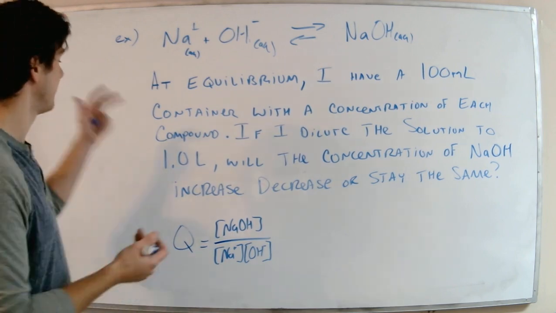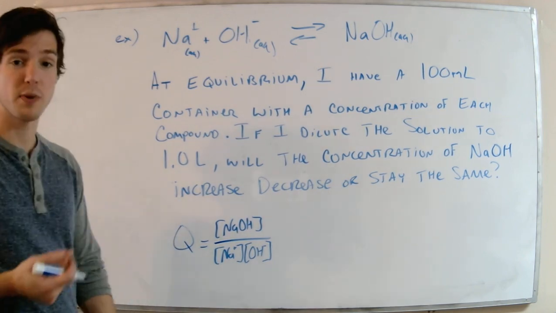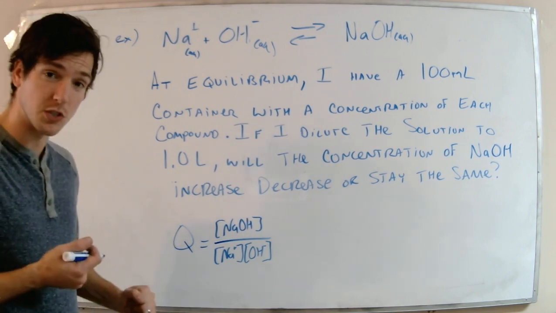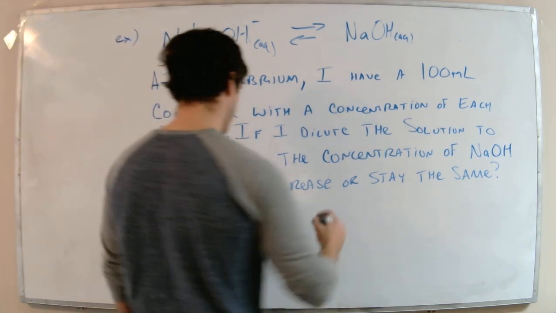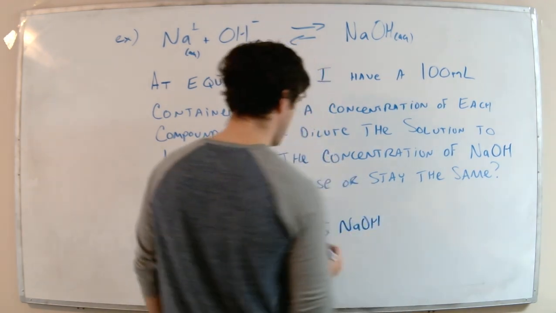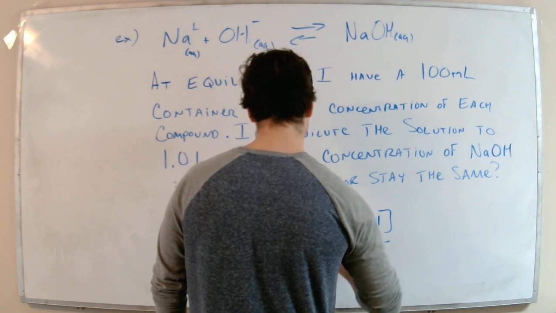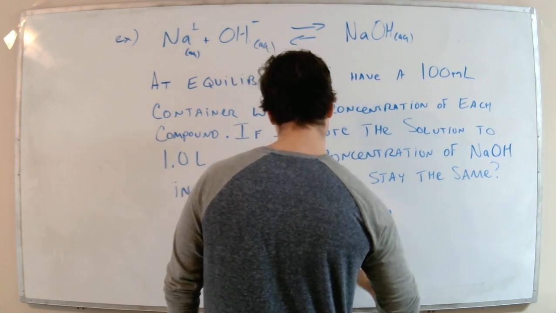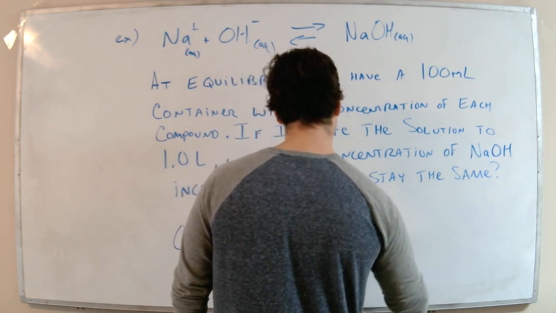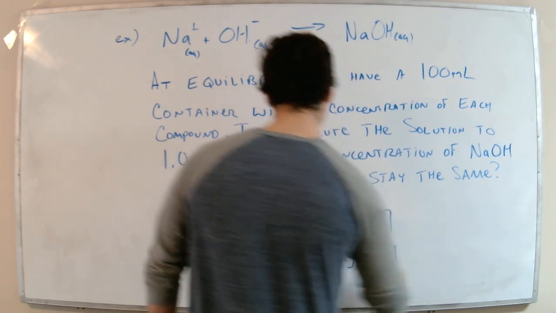I added 900 milliliters of water, so now everything is a factor of 10. So pretty much what I could change this Q to is I could change it to 1/10 NaOH. I could change it to, now I'll have 1/10 of Na plus, and 1/10 of, say, OH minus.